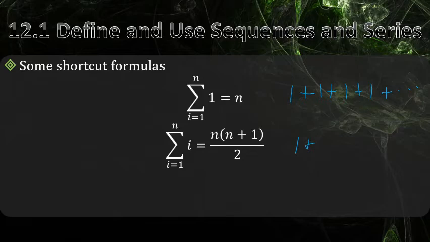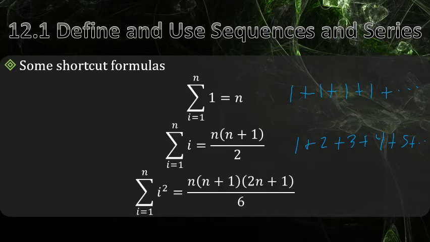It'd be 1 plus 2 plus 3 plus 4 plus 5. And this next one is squared, so it'd be 1 squared plus 2 squared plus 3 squared plus 4 squared, and so on. Those are just formulas to help you. You don't have to memorize them.